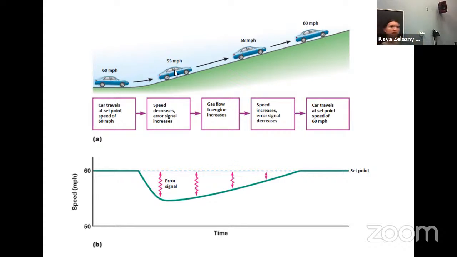So you'd either have to hit the gas pedal or let your car hit the gas on its own to get back up to that 60-mile-per-hour speed. Our body's doing the same thing. So we have our constant set point. We notice an error signal as the concentration of something starts to change, the temperature starts to change, your blood volume starts to change. And then we're going to have some type of mechanism that pulls us back up to the set point.